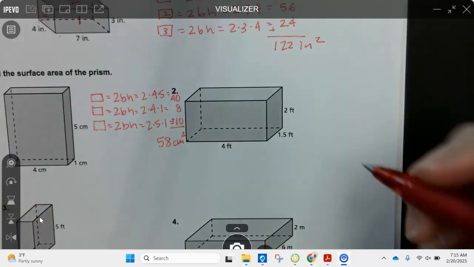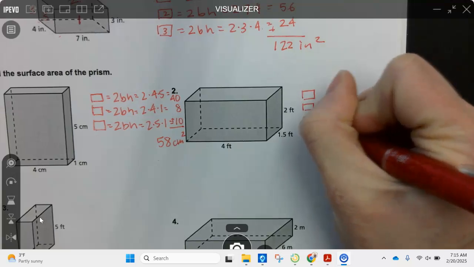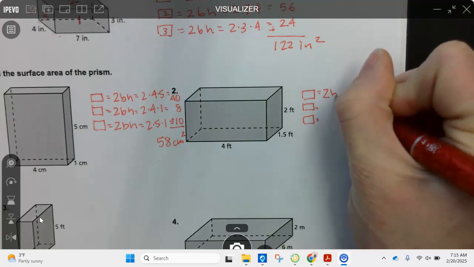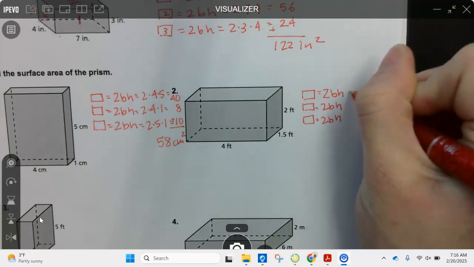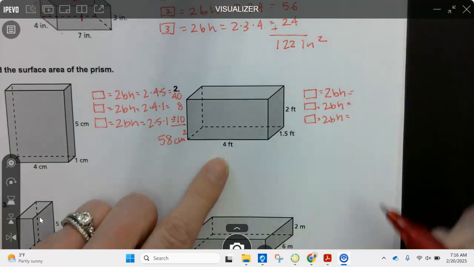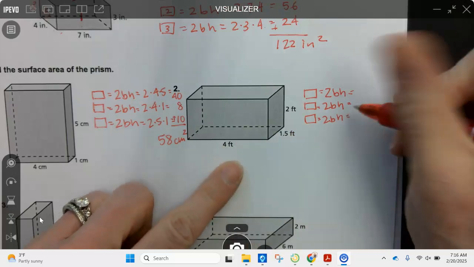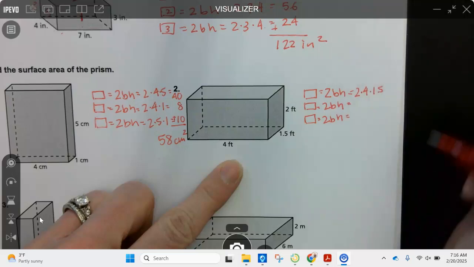All right, so for our next one, we're going to do the same setup. We have 3 rectangles, and for all of these, it's going to be 2 times base times height. We can start off with maybe the bottom one here. It is 4 by 1.5, so 2 of those times 4 times 1.5.